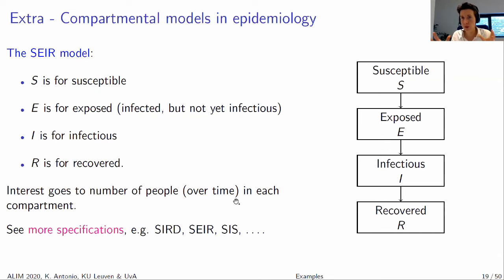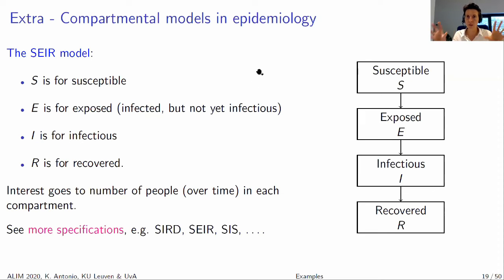And you can design way more compartmental models. I mentioned a few of them over here. So instead of having the recovered state, you could also add a dead state. So that's with the D over here. You could go for a SIS model. So then you go from susceptible to infectious and back, and so on and so forth.